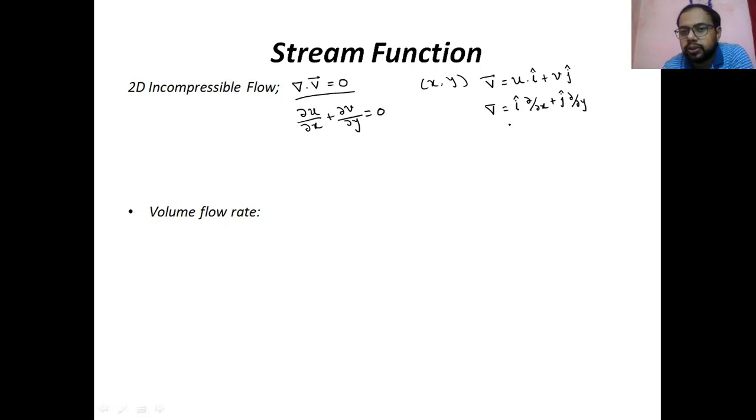This is the equation for two-dimensional incompressible flow, the continuity equation.